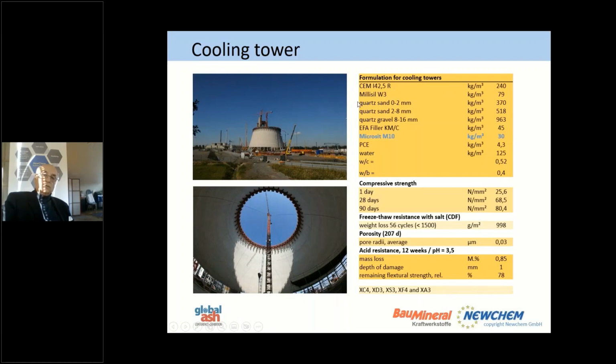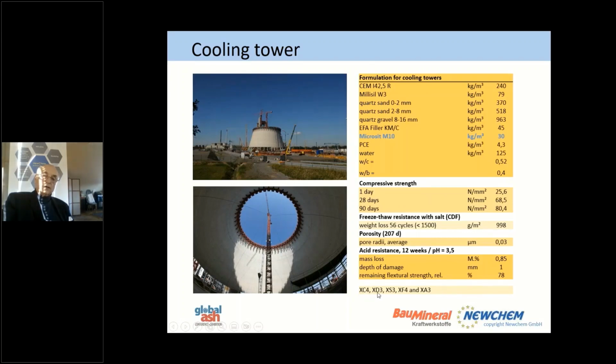We have some quartz sands in it, etc. We get a good compressive strength after 28 days. Freeze thaw is good. The pore radii are very low. And here we look at the acid resistance at pH 3.5. You can see that we have a very low mass loss. Therefore, we could avoid using epoxy coatings, which had to be replaced every few years.